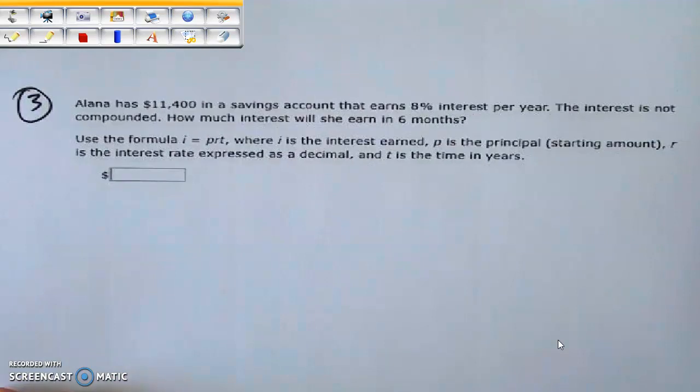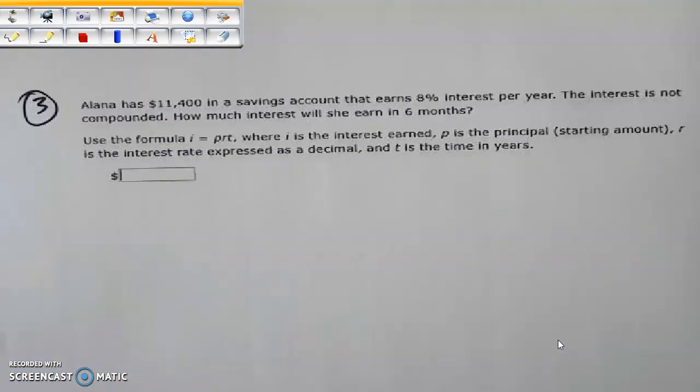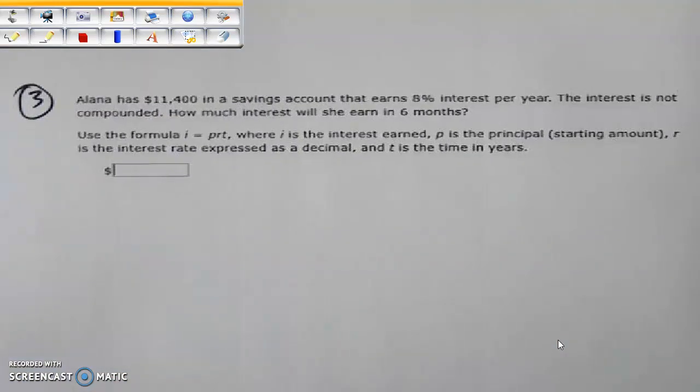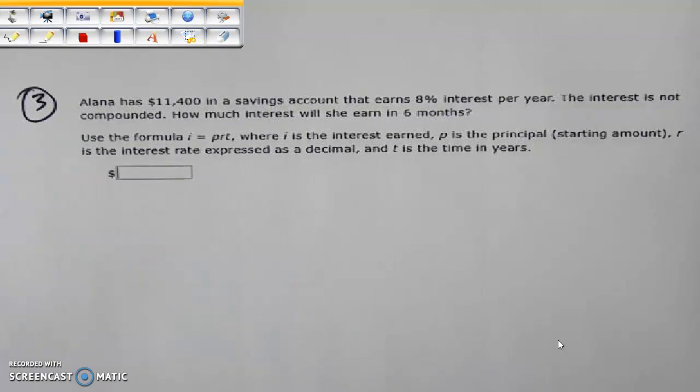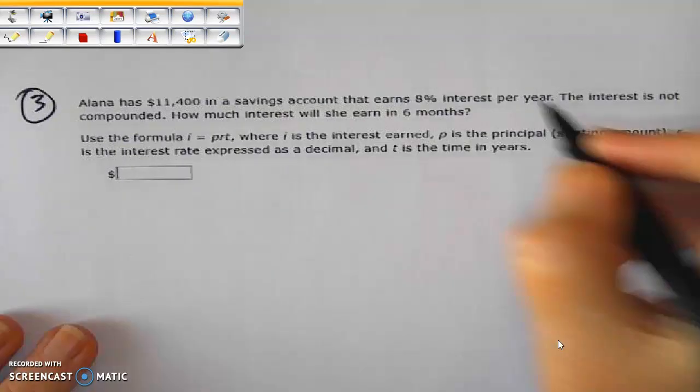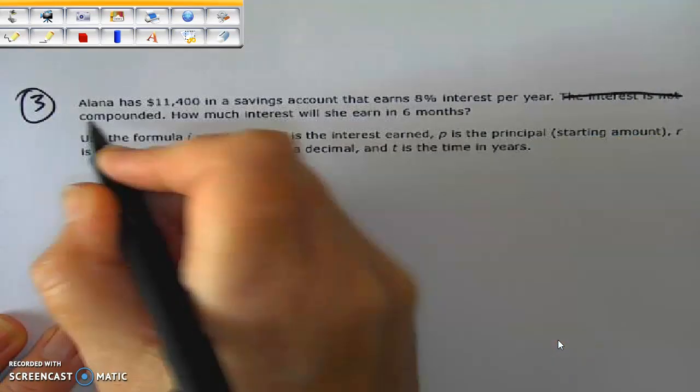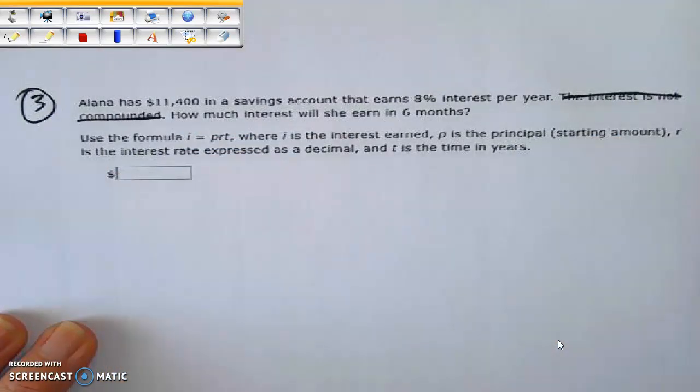Alana has $11,400 in a savings account that earns 8% interest per year. Interest is not compounded. How much interest will she earn in 6 months? So we don't have to worry about this. We're just going to use the formula.